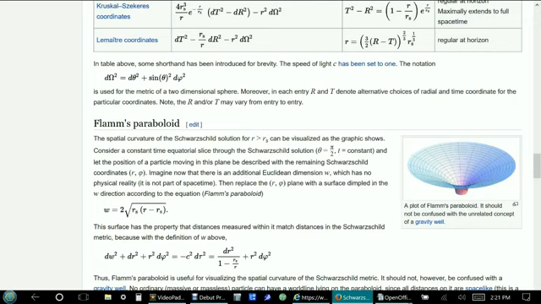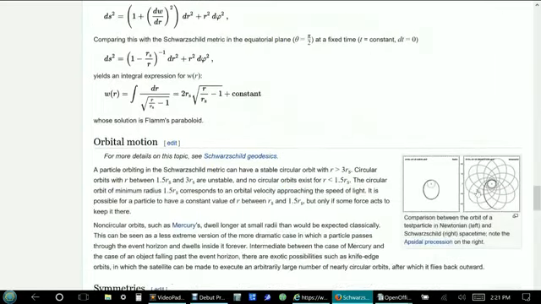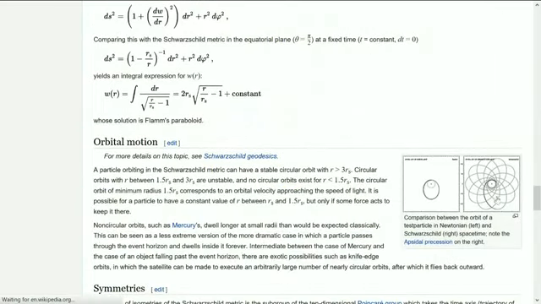So you can plot this Flamm's paraboloid with the equations and the coordinates, and it comes out like a tubular rotating figure of sorts. But what is very interesting is this particular comparison.